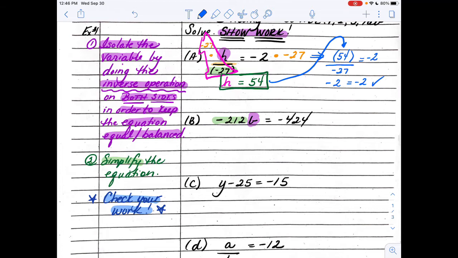Well, what is the inverse operation, or what is the opposite of multiplying? The opposite of multiplying is dividing. So I'm going to divide, not one side, both sides, by what I need to get rid of, which is that negative 212. So let's divide both sides by negative 212.